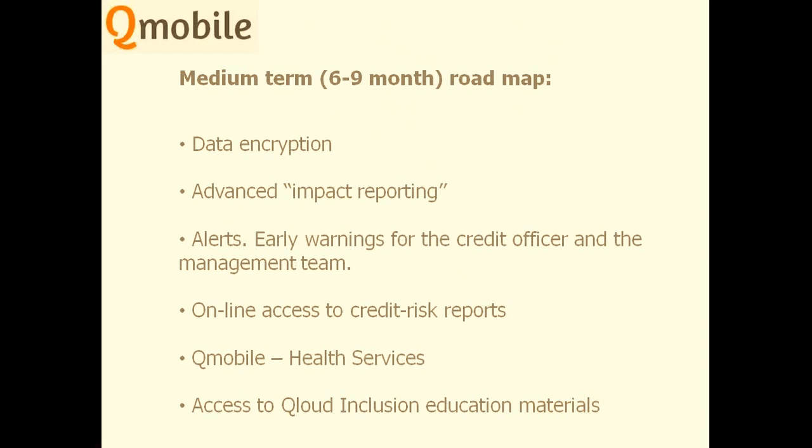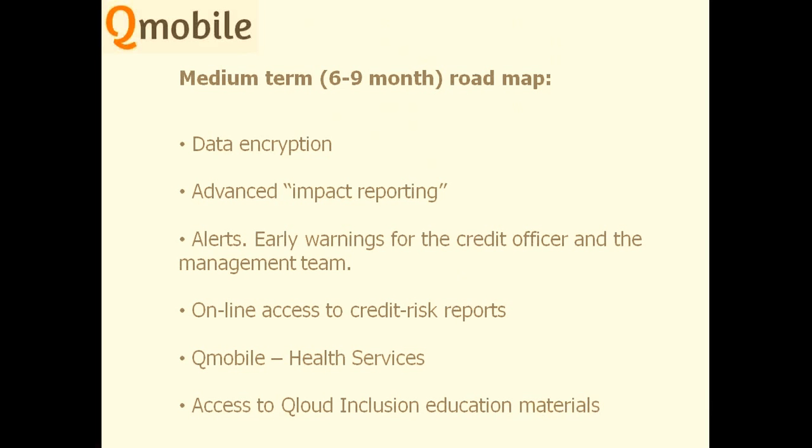In the next 6 to 9 months, we are adding data encryption functionalities and advanced impact reporting, alerts, and online access to credit reports. This is the tricky functionality because it will depend on the organization which provides the risk report per country, but at least we will have the interface to do it with the different services that are available.